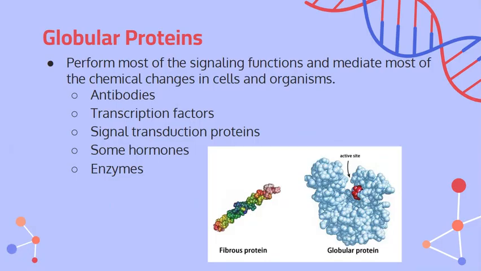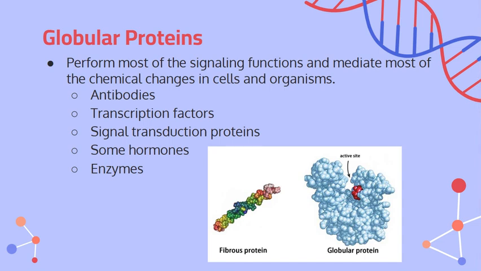Globular proteins perform most of the signaling functions and mediate most of chemical changes within cells and organisms. So these are going to be our antibodies, our transcription factors, our signaling transduction proteins, so making hormones, and some can be hormones, and then enzymes.